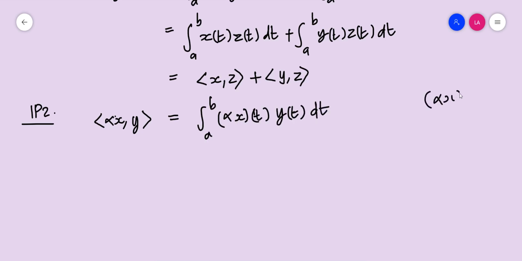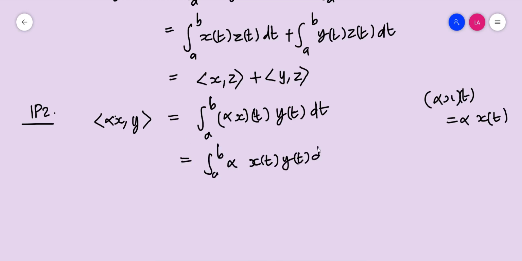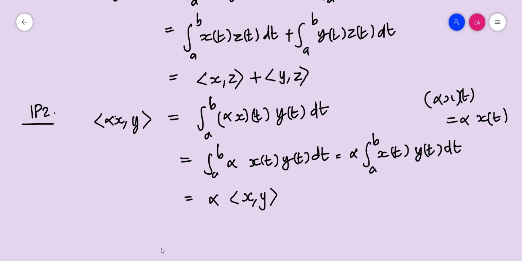Now alpha x of t should be equal to alpha times x of t. So this should be equal to integral a to b alpha times x of t y of t dt. If we take alpha outside, alpha times integral a to b x of t y of t dt, which should be equal to alpha times inner product xy. So this is the second property.